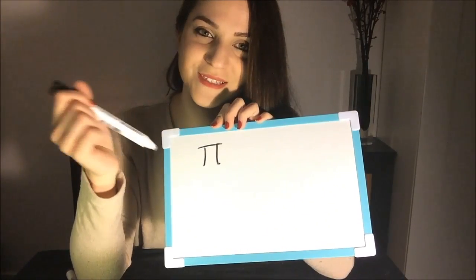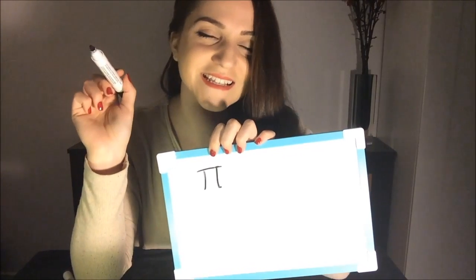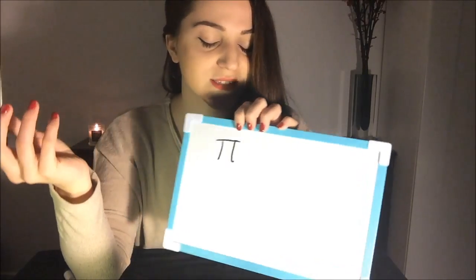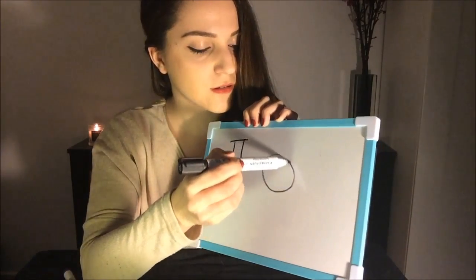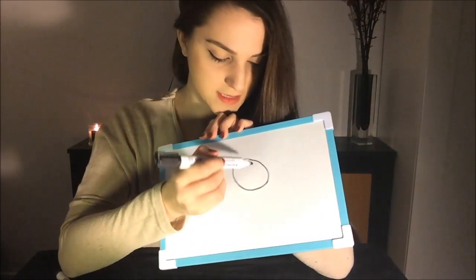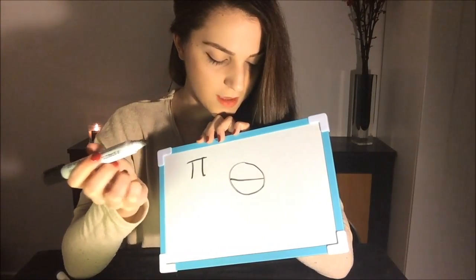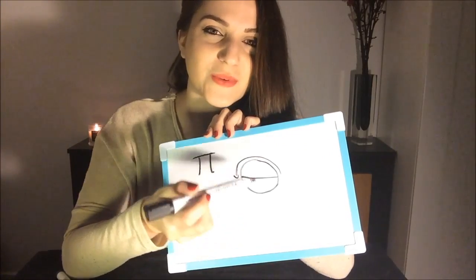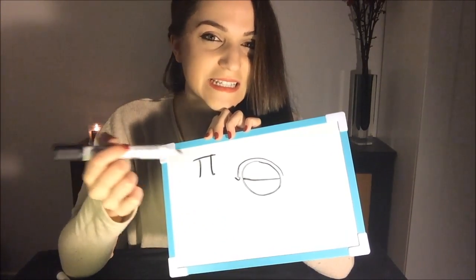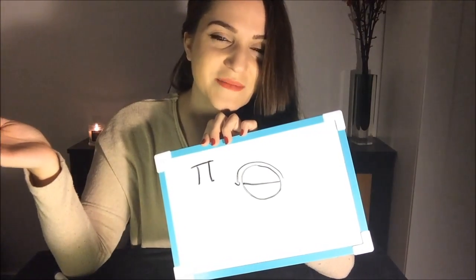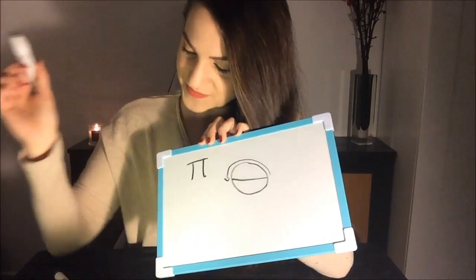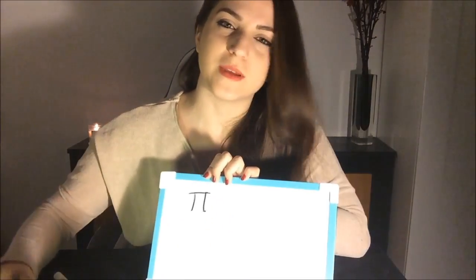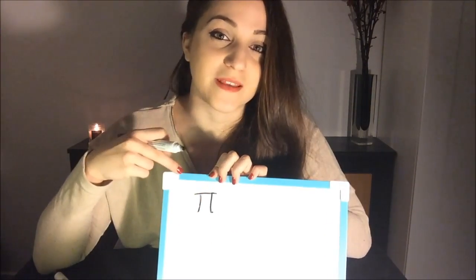The circumference of a circle, if I'm not mistaken, is slightly more than 3 times its diameter. So that's the circle, that's its diameter, and the circumference is 3.14 times bigger than its diameter, possibly. But I'm not here to teach you mathematics, so I'm here to focus on the letter.